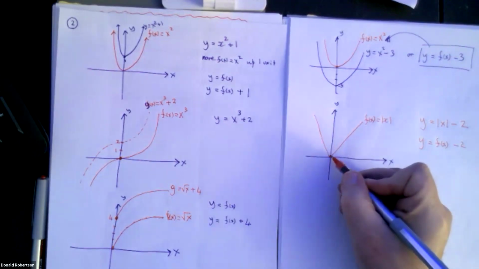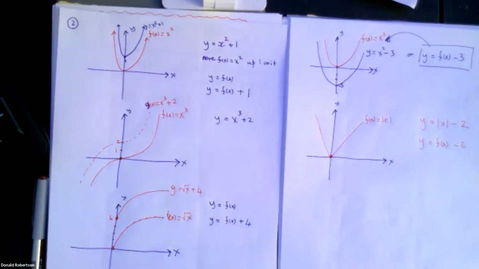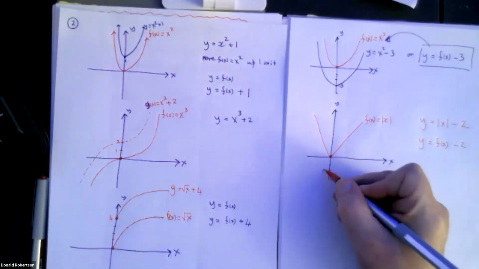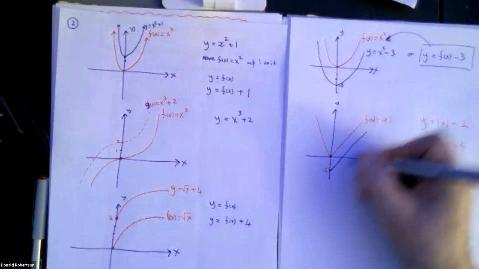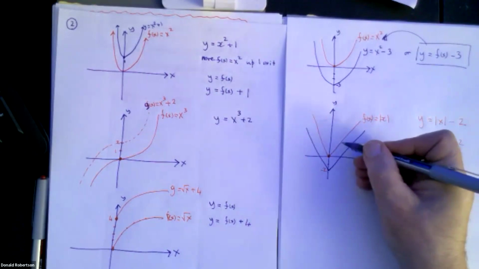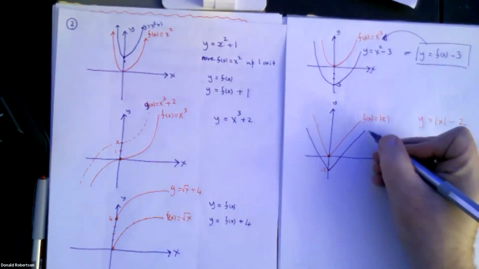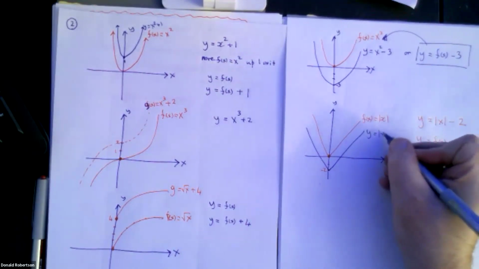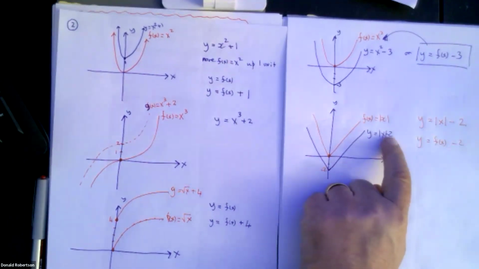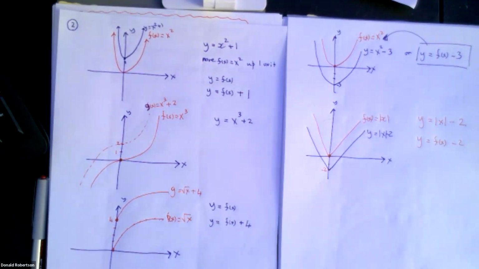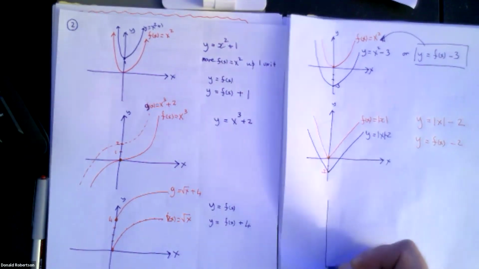Well, take that corner, that's an easy identified point on the graph, and then move it down 2 places to here. And if you imagine all the points moving down to this here, you should get absolute value of x take away 2. If we try one last one.